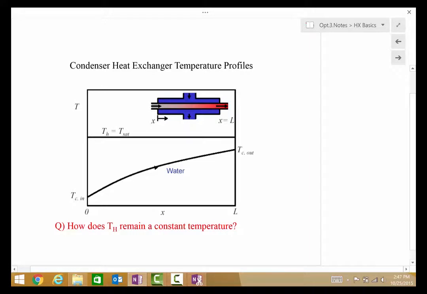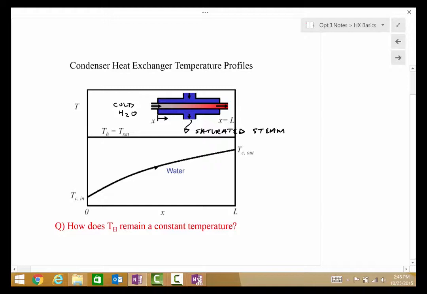This is a problem in which we have a saturated system. So imagine that we have steam on the shell side and we have cold water entering on the tube side, and that cold water is increasing in temperature as it flows through.